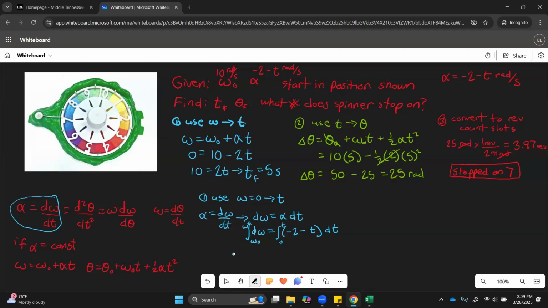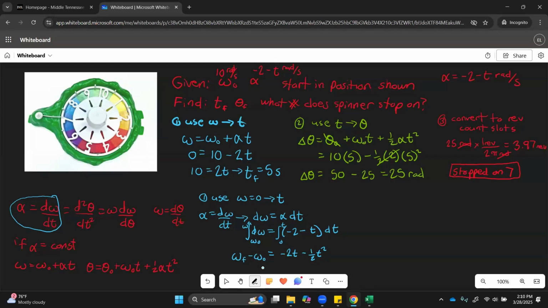Doing this integration, we get omega final minus omega initial equals negative 2t, and then the t integrated is negative 1/2 t squared, evaluated from 0 to t. If you plug in 0, there's nothing, and if you plug in t, you get what we have right there. We didn't have to put a plus constant because we knew both bounds of integration.